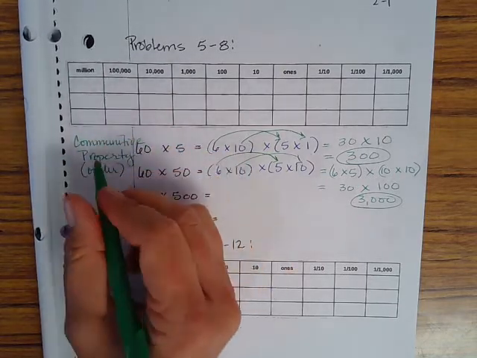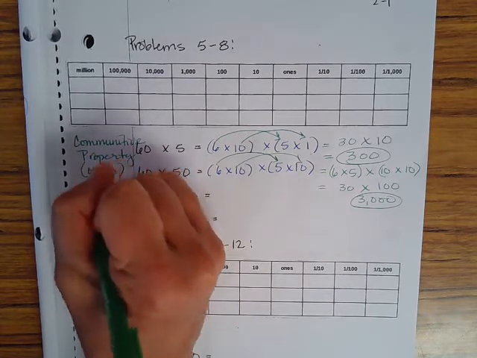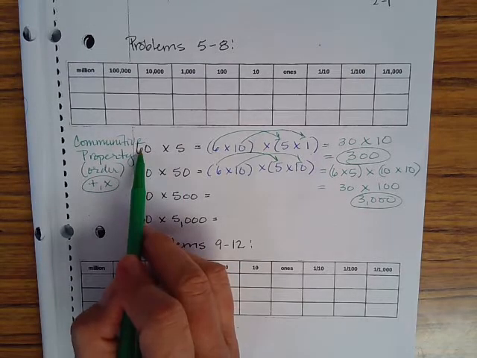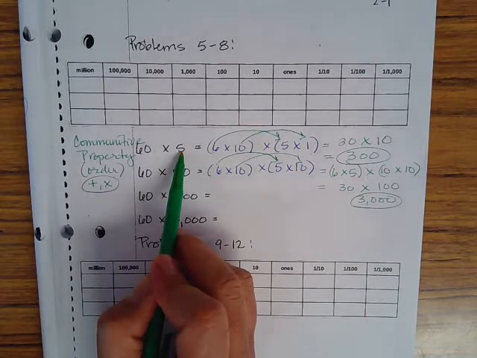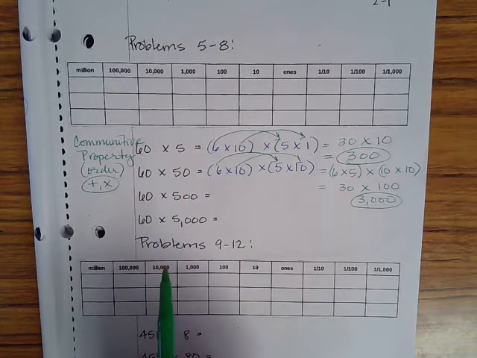When you're multiplying or adding, you can always use the commutative property because it doesn't matter the order in which you are multiplying or adding the numbers. It doesn't matter if 5 is in front or 60 is in back. You're still going to end up with the same number.